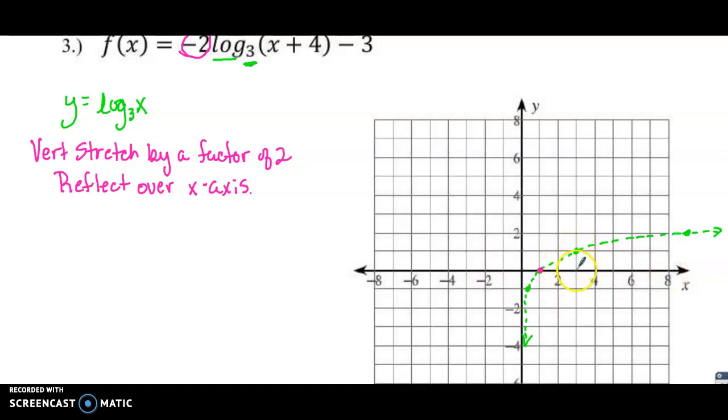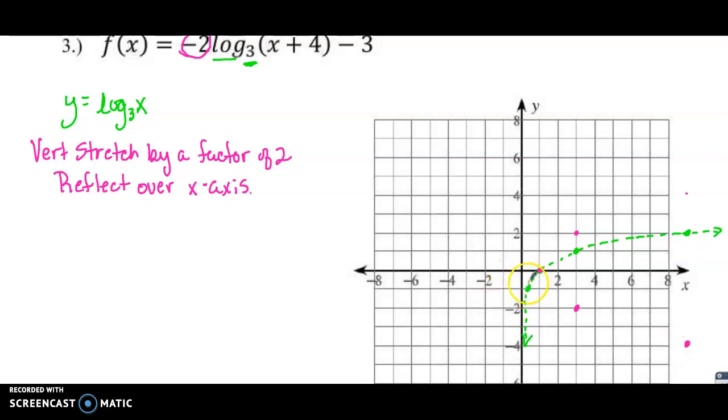But this point, that is 1 unit away from the x-axis. When I take my y value of 1 and I multiply it by 2, I get 2. Then I reflect it, so it becomes -2. When I take this one that's at 2 and I stretch it, it would go to 4. So when I reflect it, it would come down here to -4.